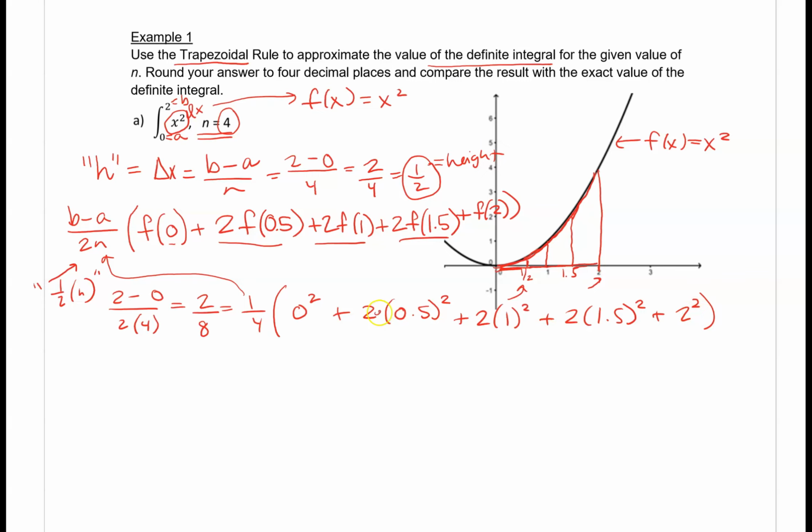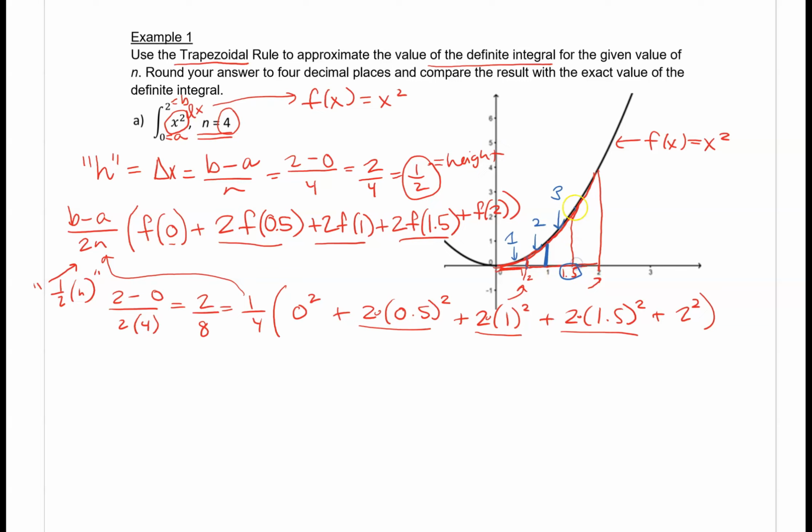You only multiply the in-between y values by 2 because they are used as bases for 2 trapezoids, right? This is used as base 2 for my first trapezoid, and then used again as base 1 for my second trapezoid. This guy is used as base 2 for that second trapezoid, but base 1 for the third trapezoid.